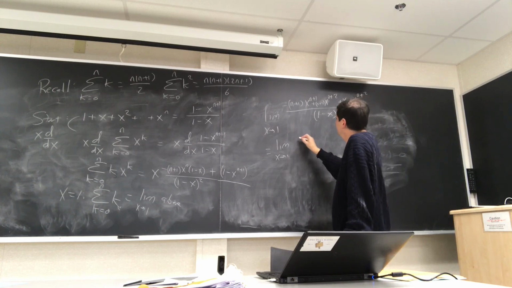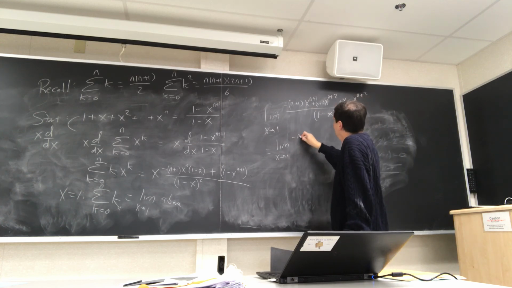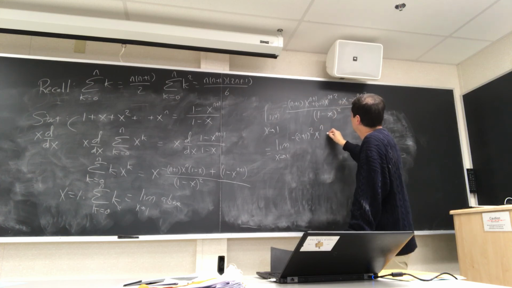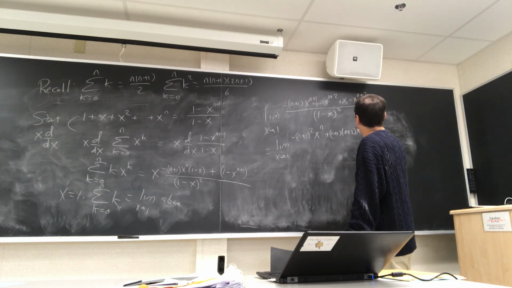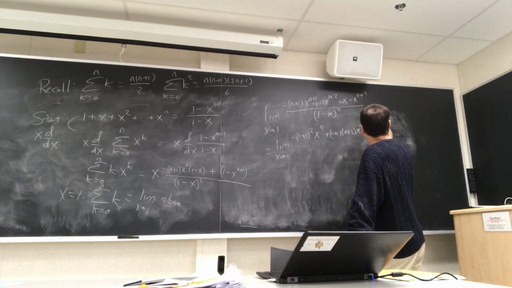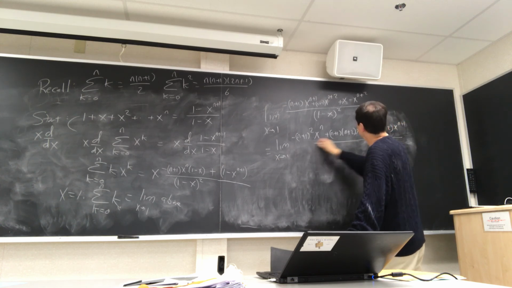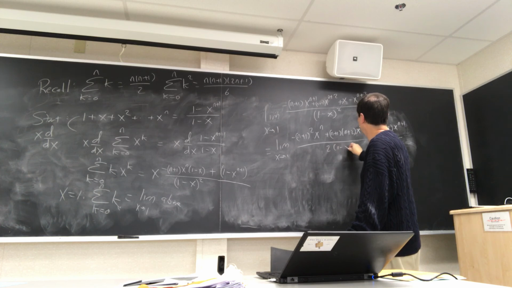Good. We take the derivative, we get negative n plus 1, I think, squared x to the n, plus n plus 1, n plus 2, x to the n plus 1, plus 1, minus n plus 2, x to the n plus 1, over 2 times 1 minus x.